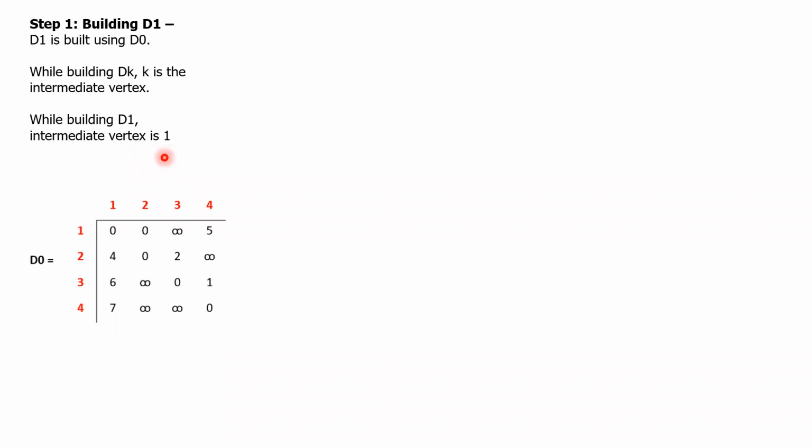If you are building D2, the intermediate vertex will be the second node. So now you understand, when you are building Dk, the intermediate vertex will be the kth node. Now this is my D0. From this D0, I am going to formulate D1 by considering the first node as the intermediate node.